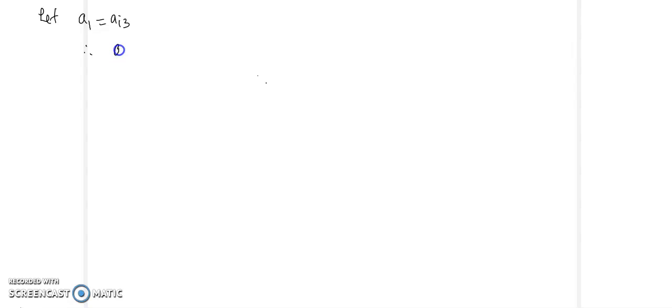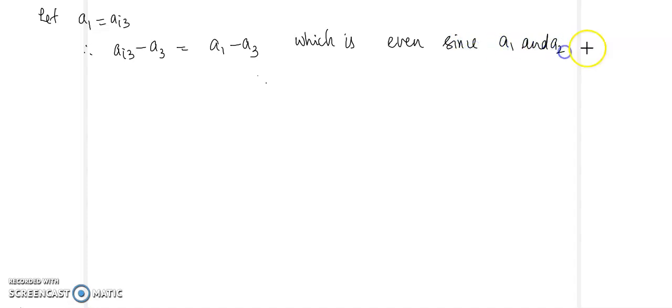So therefore when you take ai3 minus a3, that will be equal to a1 minus a3, which is even, since a1 and a3 are of the same parity. So we have taken a1, a2, a3 to be of the same parity. So when you take the difference a1 minus a3, either both are even or both are odd, so the difference is going to be even.